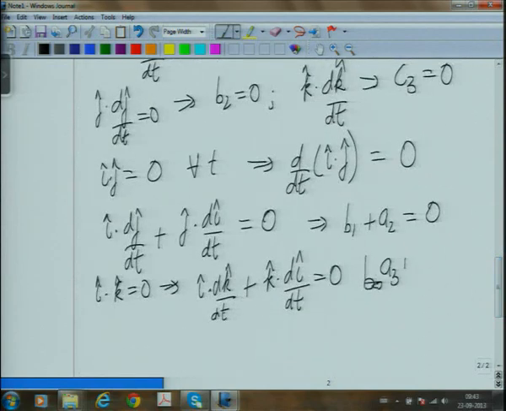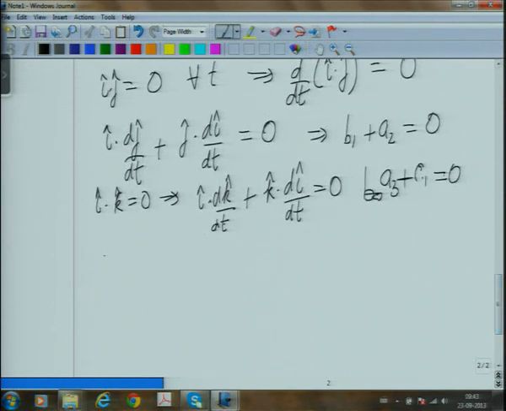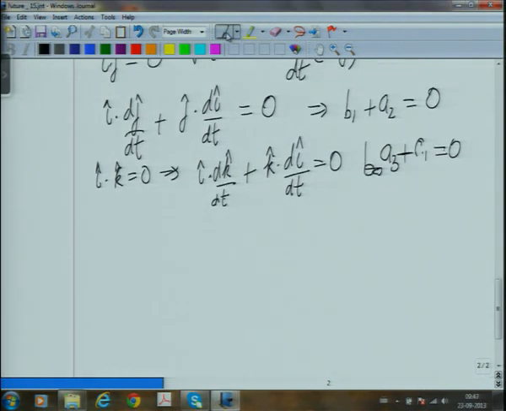So a3 plus c1 is equal to 0, and when I do j dotted with k is equal to 0, so therefore we have these three relations.